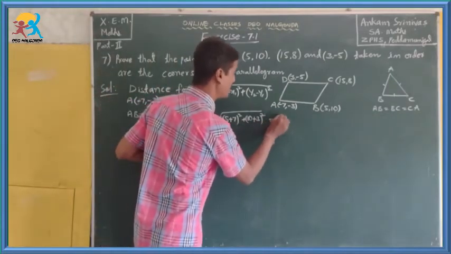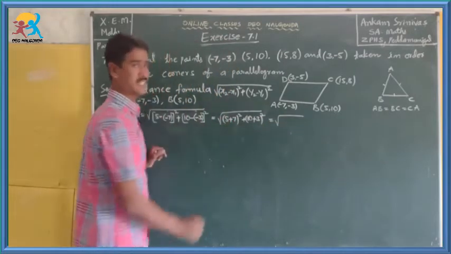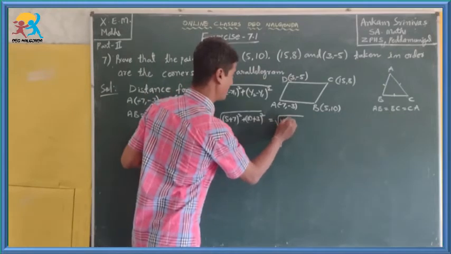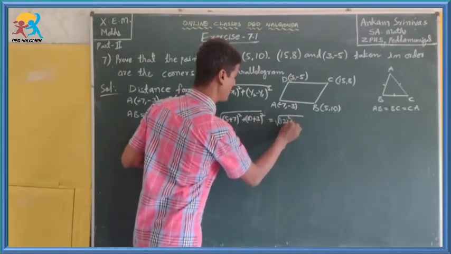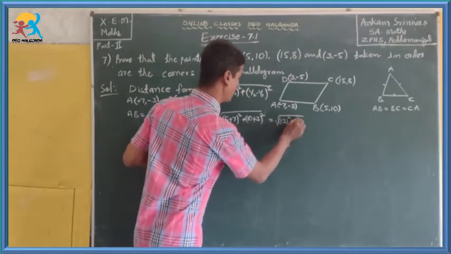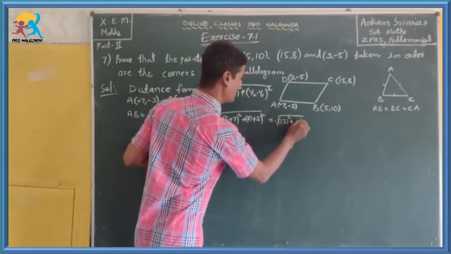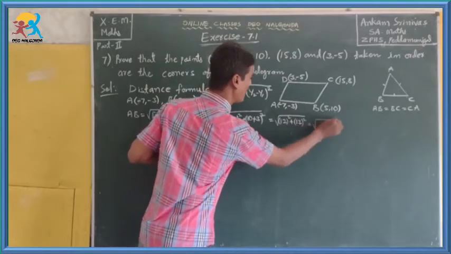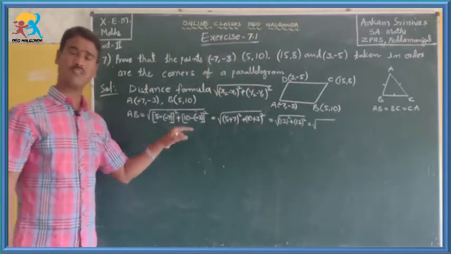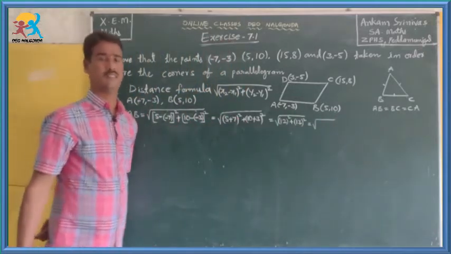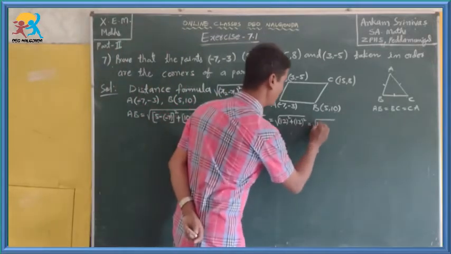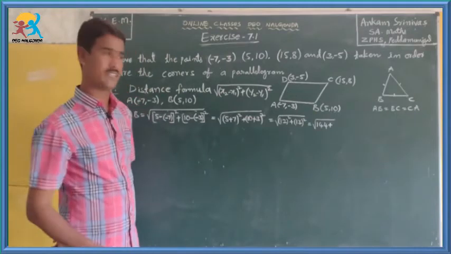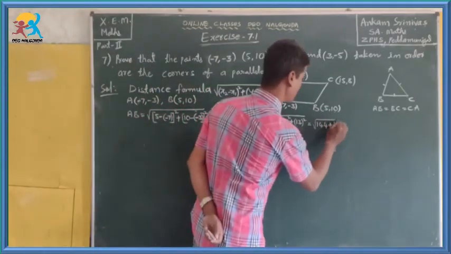Now, what is the value of 5 plus 7? 12. Very good. Whole square, plus 10 plus 3, 13 whole square. What is the value of 12 square? 12 into 12, 144, plus 13 into 13, 169.